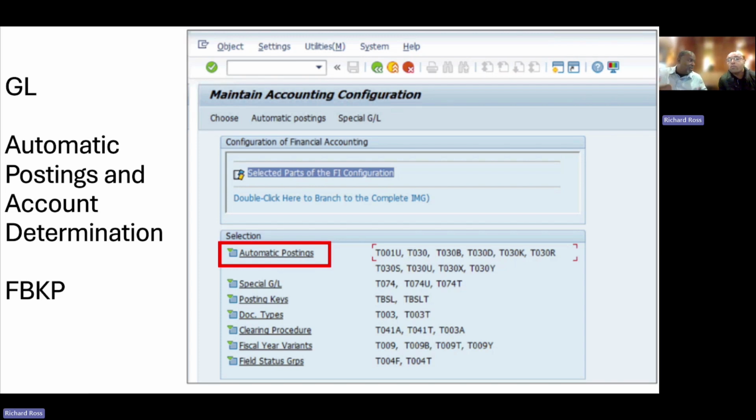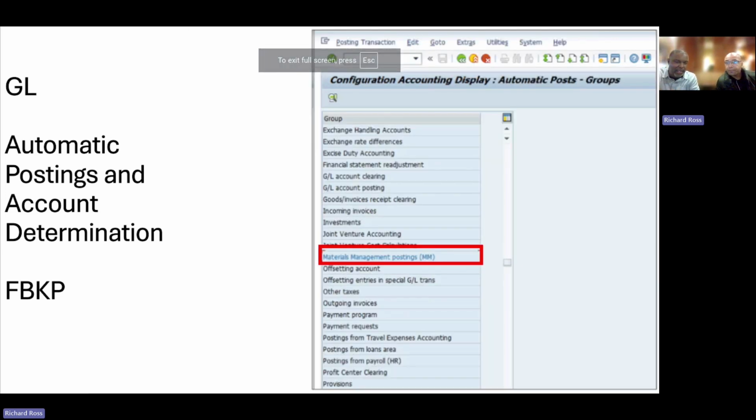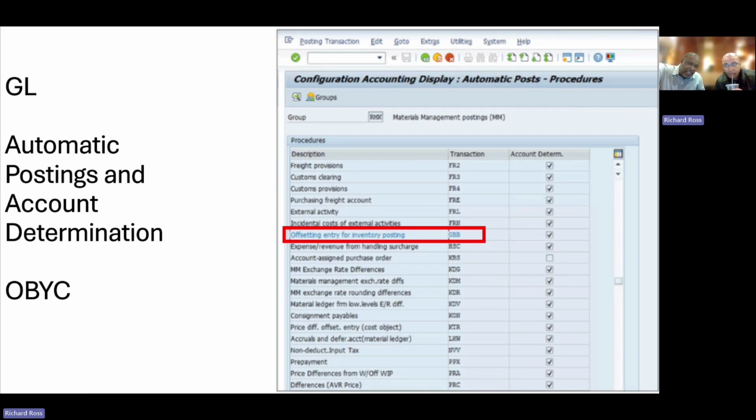The clearing procedure is how you control the clearing. If you go back to the table that has them, this is the automatic posting config. Every one of these is really using the account key. When it says transaction, these are the account keys.